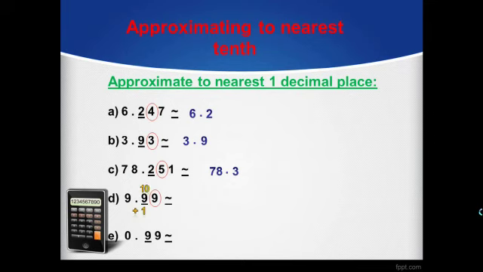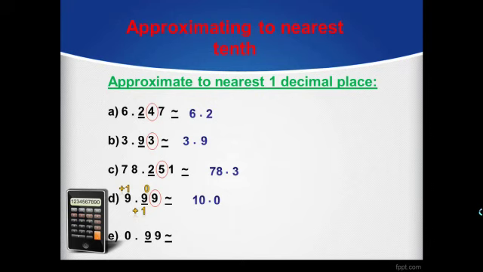But we cannot put two numbers in the same digit. Thus, we will add 1 to units, and 9 will become 10. Then we will put decimal point, and 9 in the tenth digit will become 0. Note that we put here 10.0. Okay?